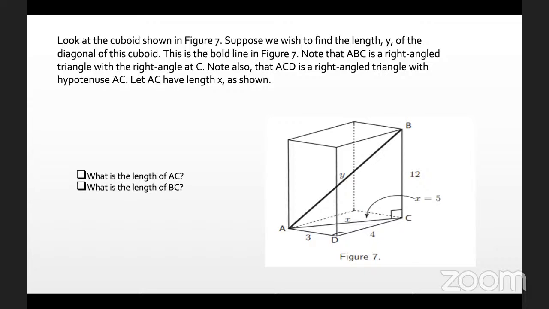If you're trying to find Y, what side would you be finding? The hypotenuse. So that means you have the 2 shorter legs. For X, you would have 3 and 4. For AB, which is Y, you now have 12 that was given. And what is X now? 5. So you still have the 2 shorter sides finding the hypotenuse.